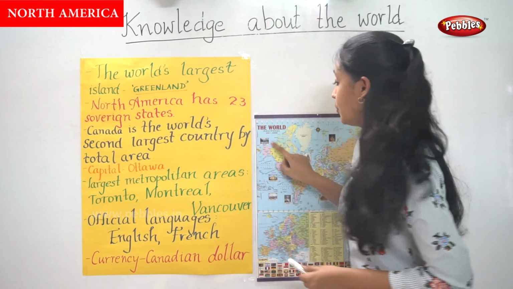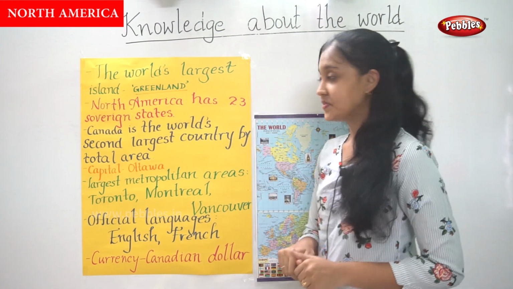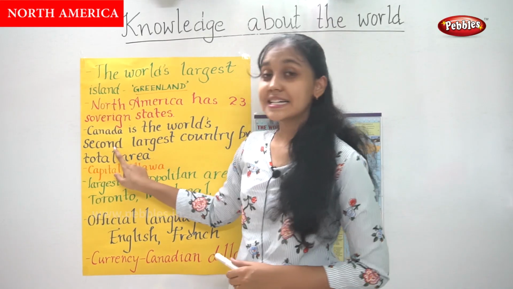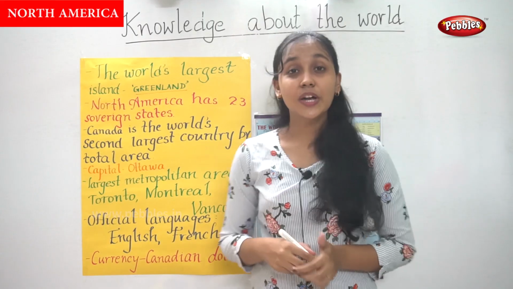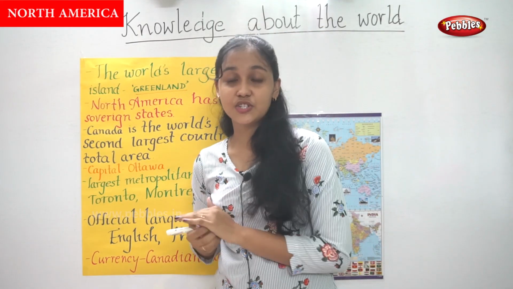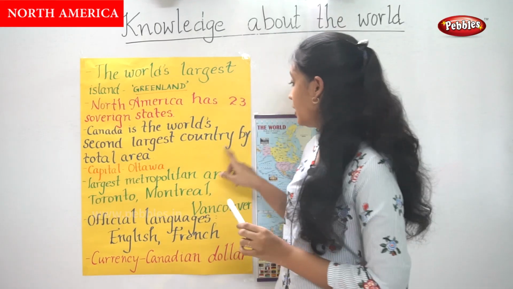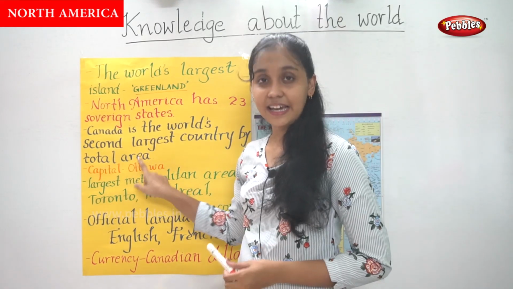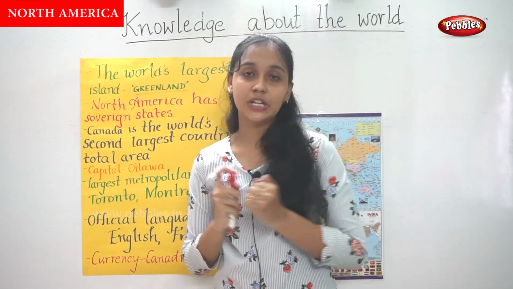Now, we are going to first begin with the country Canada. So Canada is the world's second largest country by area. So when you are talking about the largest or the second largest or the smallest, you need to be careful, see, by total area. Sometimes they classify them based on the population.